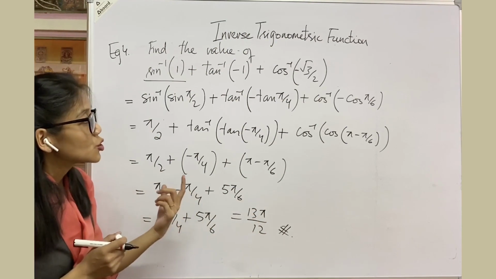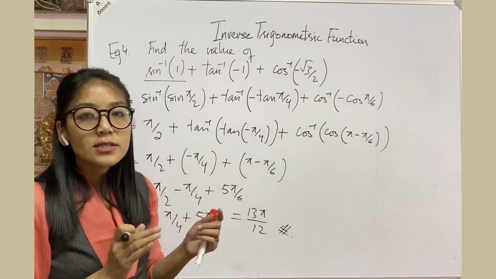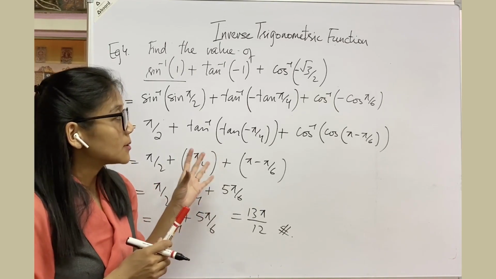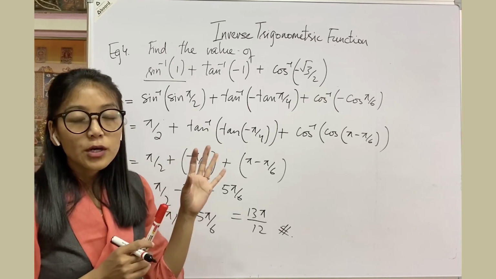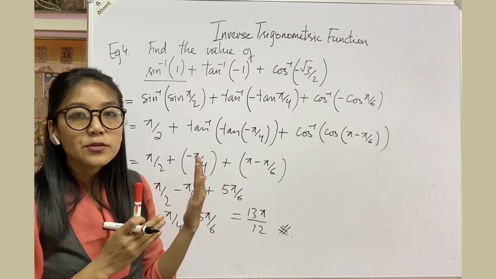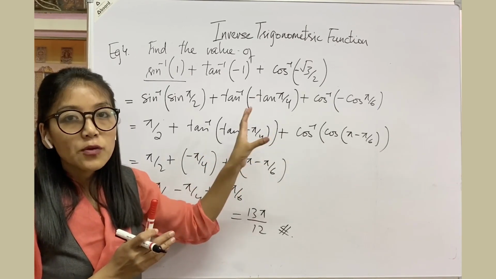So with these 4 examples, I hope you are clear with the concept of how to find the principal branch. For this type of question, you obviously need to know the principal branch of the 6 inverse trigonometric ratios, plus you need the formulas of class 11.